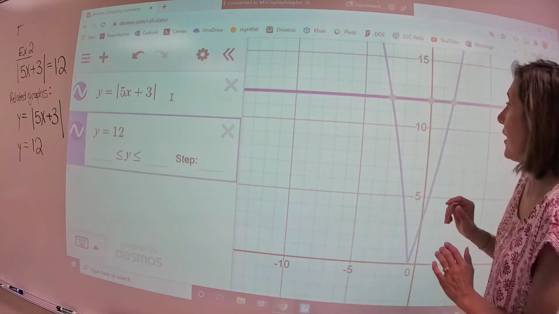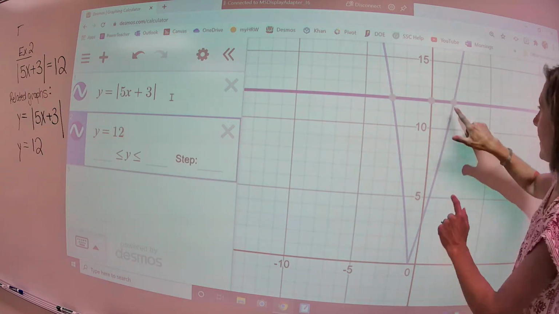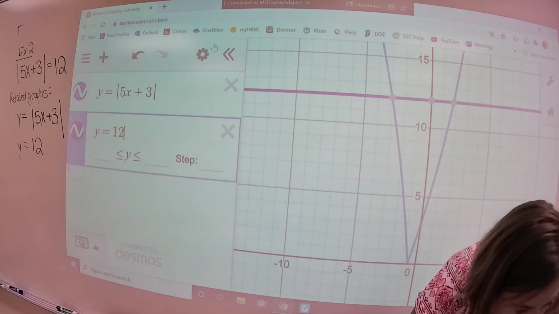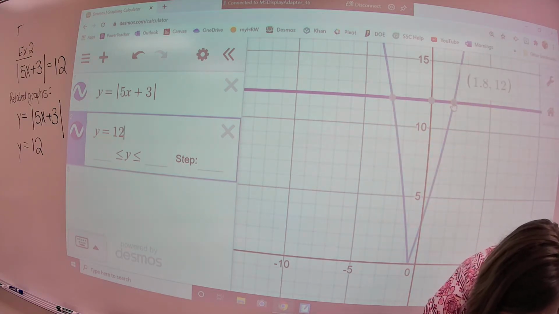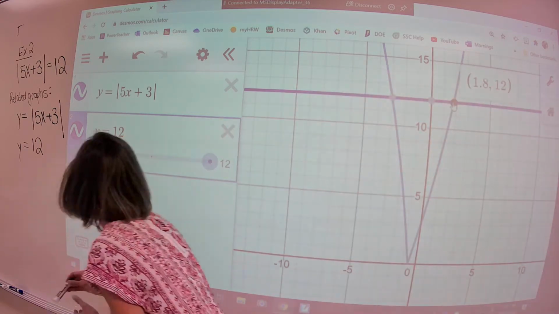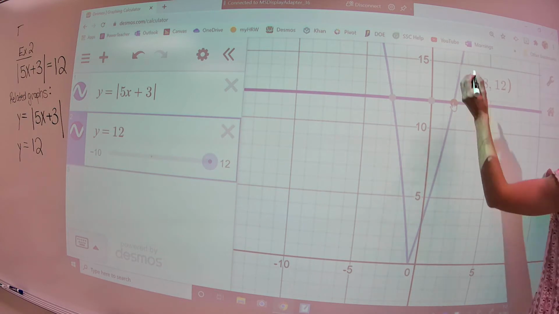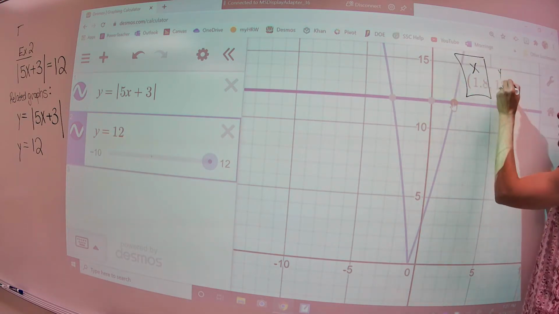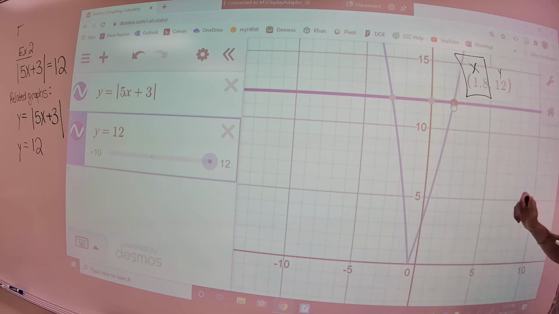Okay, so I have a blue line and a purple line here, and I can see that they are crossing at these two spots. So if I look here, when x equals 1.8, we'll get that output of 12.